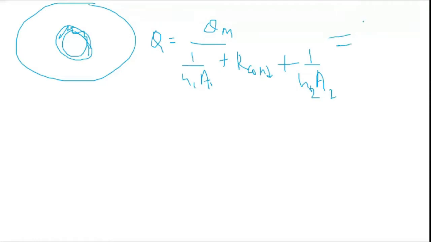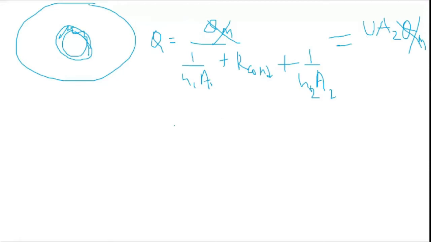This whole thing is equal to U multiplied by A multiplied by theta m. Consider this area is A2, the outer area, multiplied by theta m. So this theta m gets cancelled out. And here we can take the reciprocal on both sides.